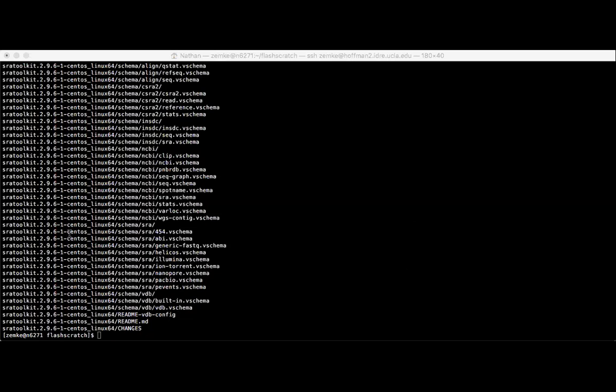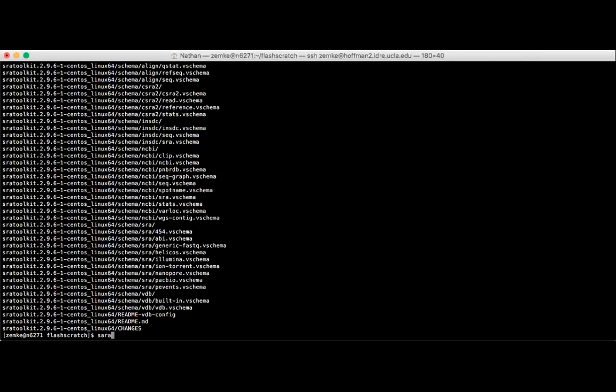So now I have the SRA toolkit extracted, and I'm going to use this program inside of the folder. In the bin directory, there's this utility called fastq-dump, which will take the SRA file from GEO and output it as a FASTQ file. That's found on page 36 of the slides.